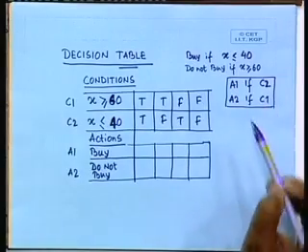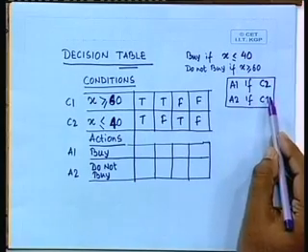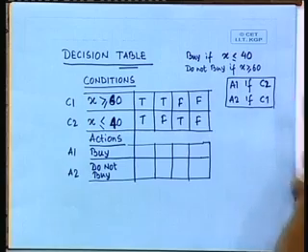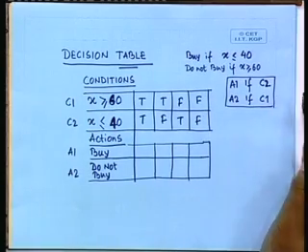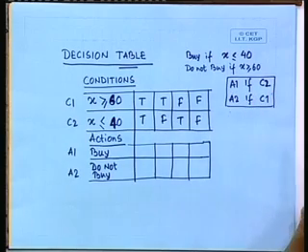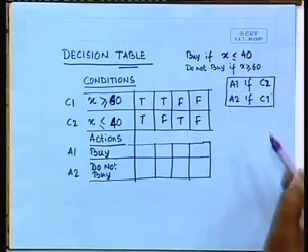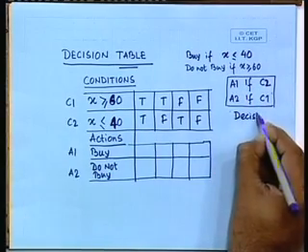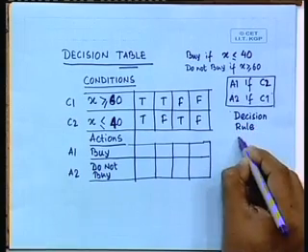So, in codified terms, we say A1 if C2, A2 if C1. C2 is true can be written as C2, C2 is false can be written as C2 bar. So, A1 if C2, A2 if C1, this is the decision rule given.